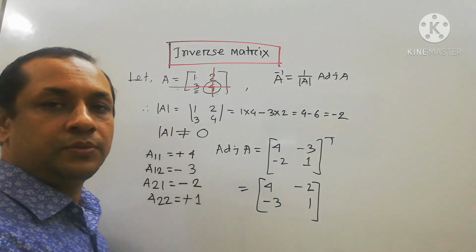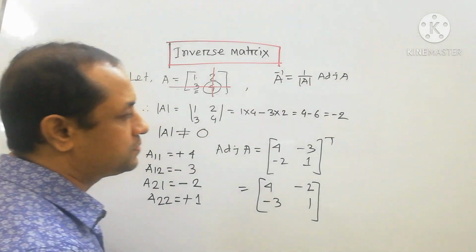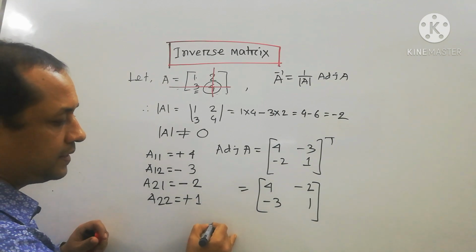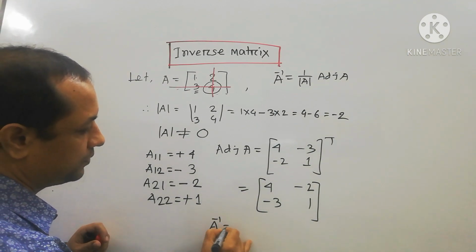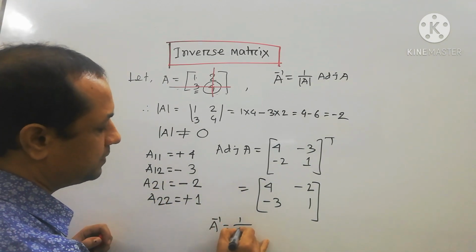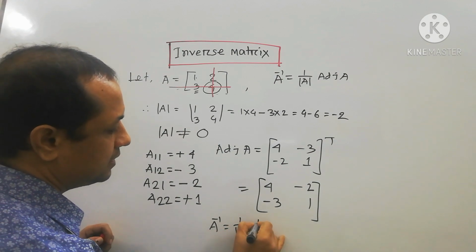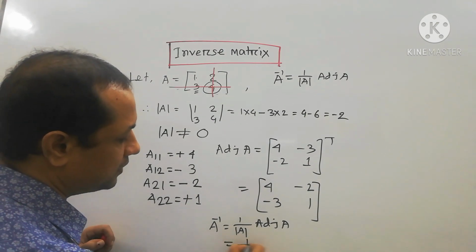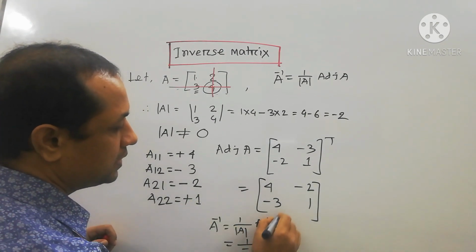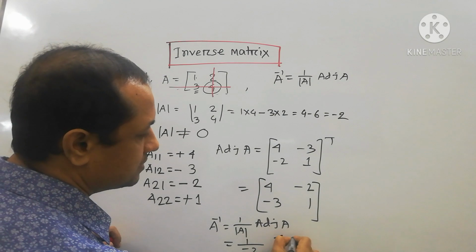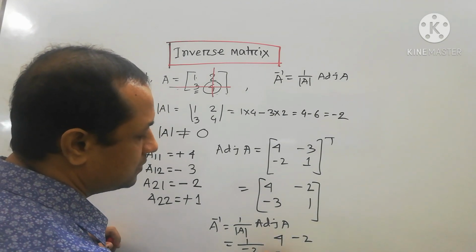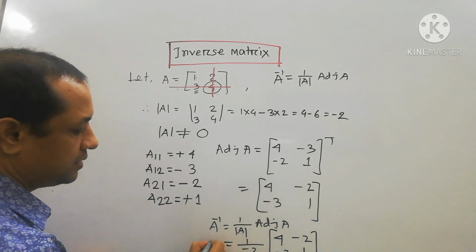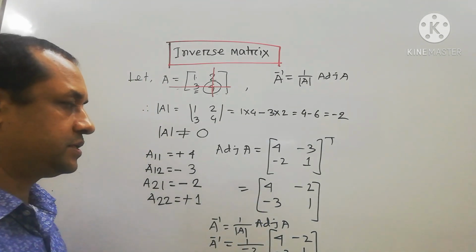Now students, by the definition of inverse matrix, we know that A inverse equals 1 by determinant A times adjoint of A. Now putting the value, 1 by determinant A is 1 by minus 2 and the adjoint matrix is 4, minus 2, minus 3 and 1. This is the inverse matrix.